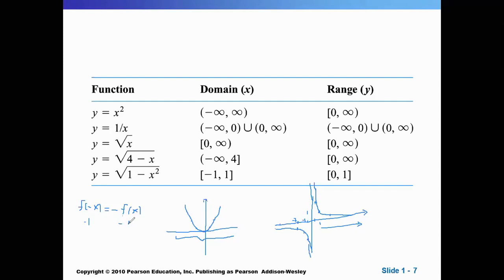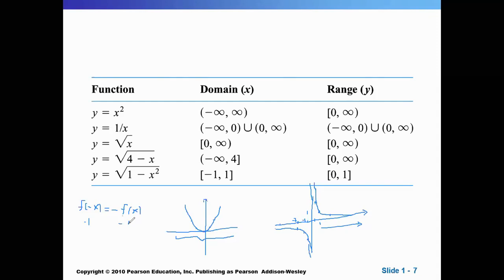The rule is the following. If all the exponents of x are odd and there is no constant, then the function is odd. Is it clear, guys? Repeat it, doctor. Yes.